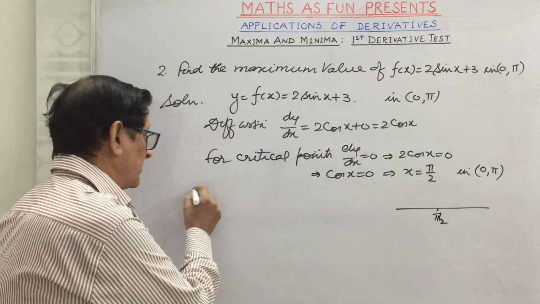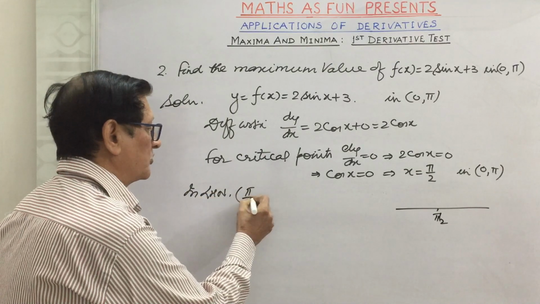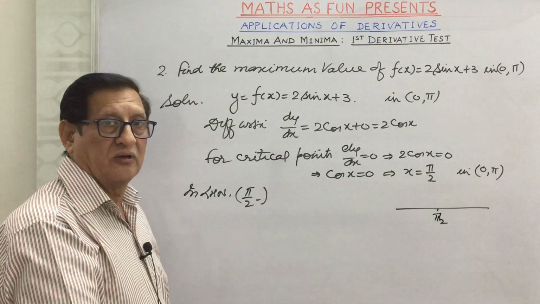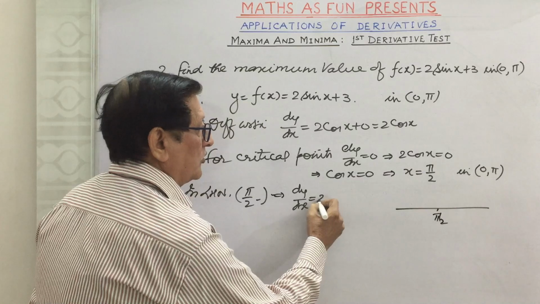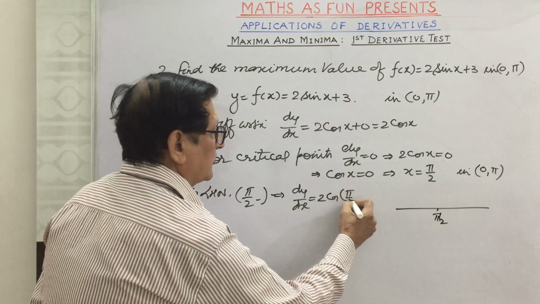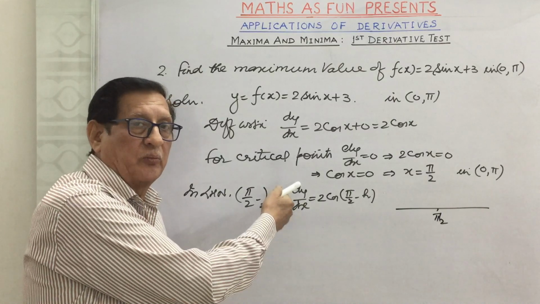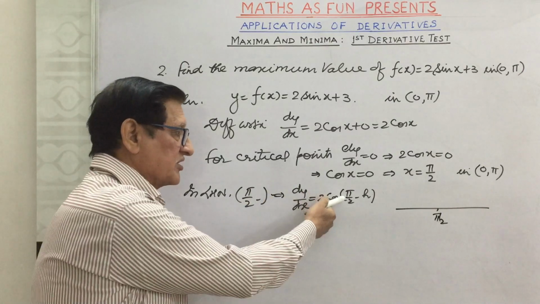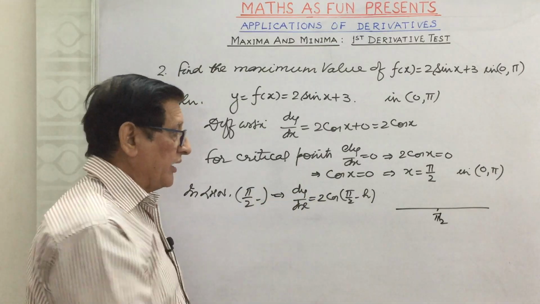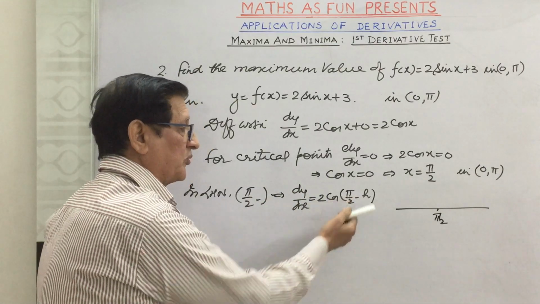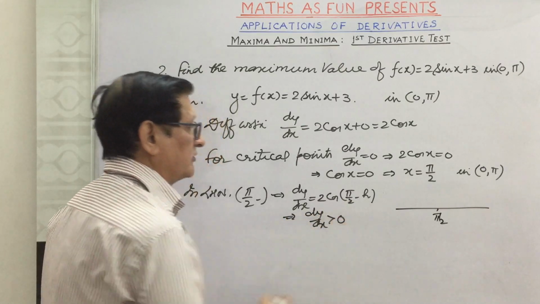In the left hand neighborhood, that is pi by 2 minus h, what we find is dy by dx is equal to 2 cos of (pi by 2 minus h), where h is a very small positive number. And we see pi by 2 minus h lies in the first quadrant, and in the first quadrant cos is positive, so we can say dy by dx is greater than 0.